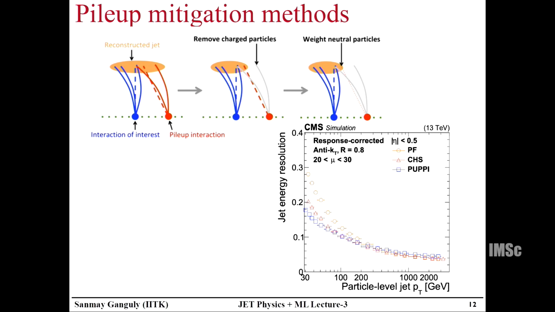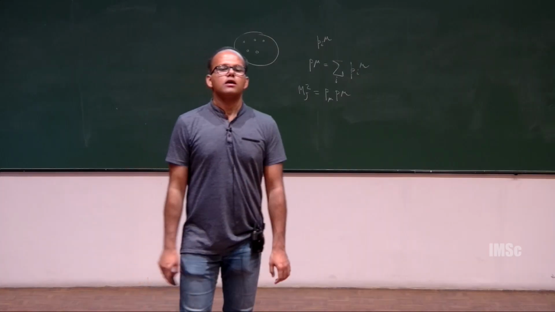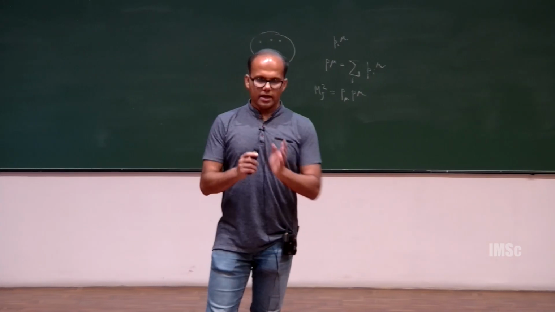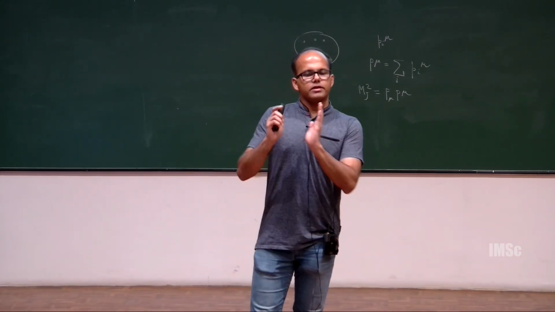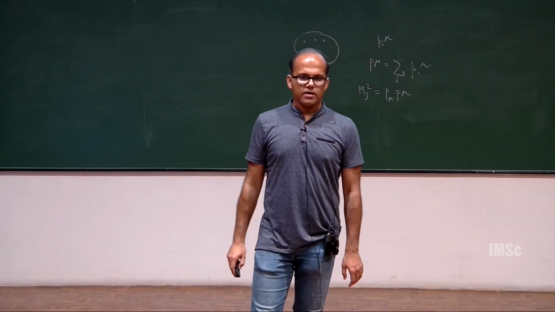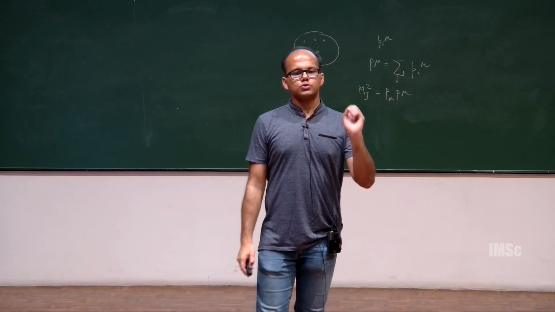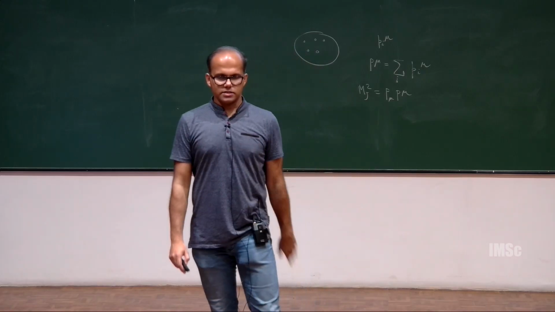Our formula was for the radius R, 2m by pT, but here the radius is fixed in the algorithm, 0.8. But here we don't know what mass we are looking into. In the experiment, if the regular radius is 0.5 for a regular jet, you need to choose a radius for a large radius jet.